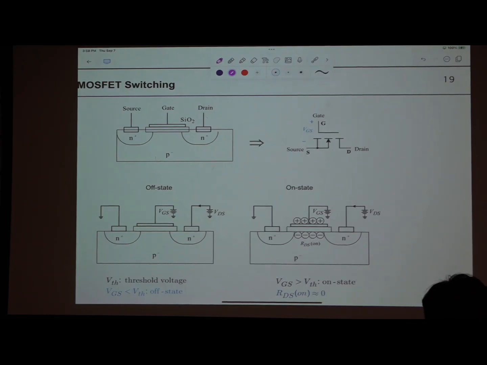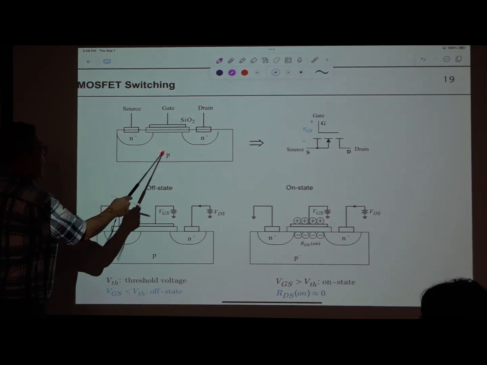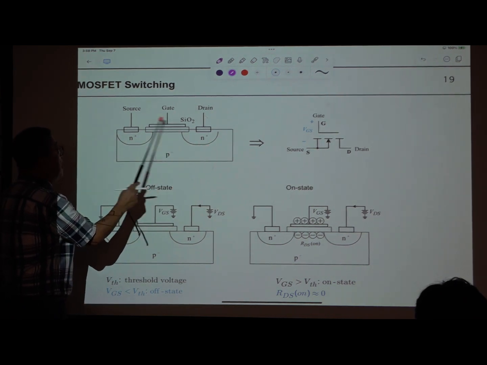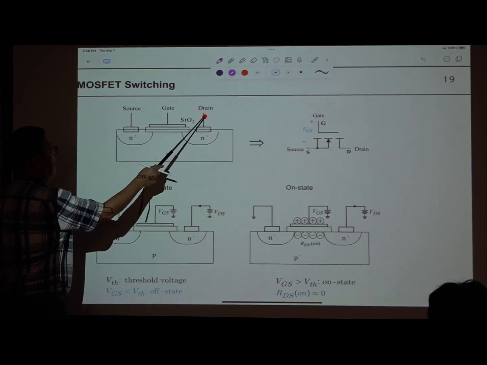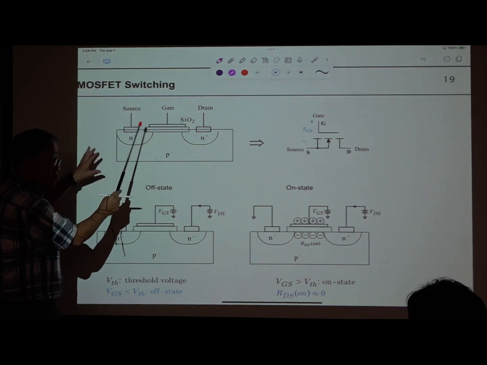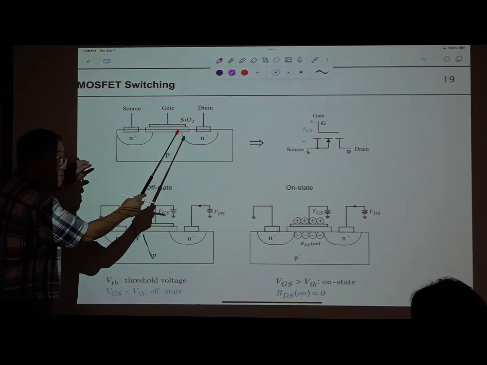This is the diagram used in electronics books. The structure of a power MOSFET is different from this, and we'll be discussing that in a later slide, but for now just use this planar structure. P is the body, and these are strongly doped N regions, called drain and source. They can be inverted in general, but that is not true for power switches, power MOSFETs. You don't want to invert them.